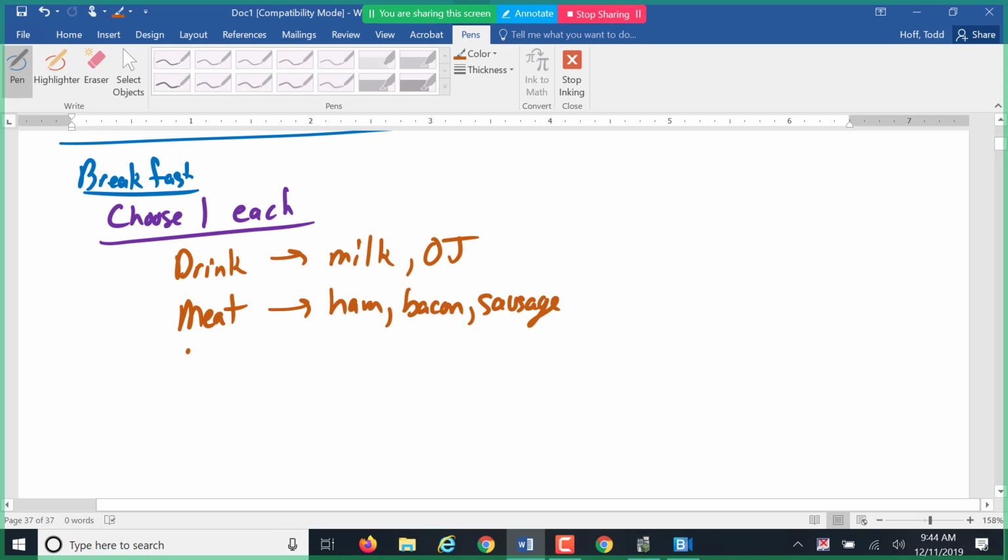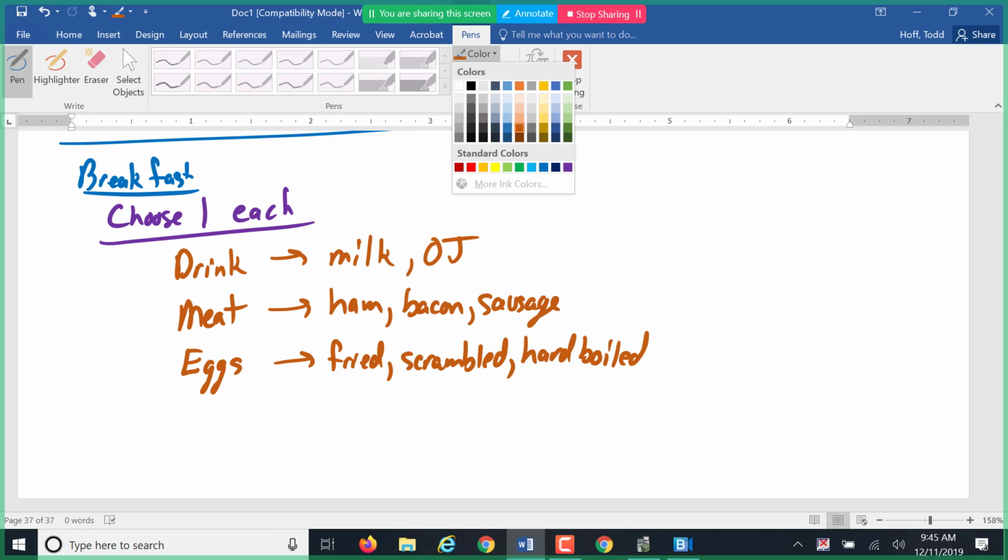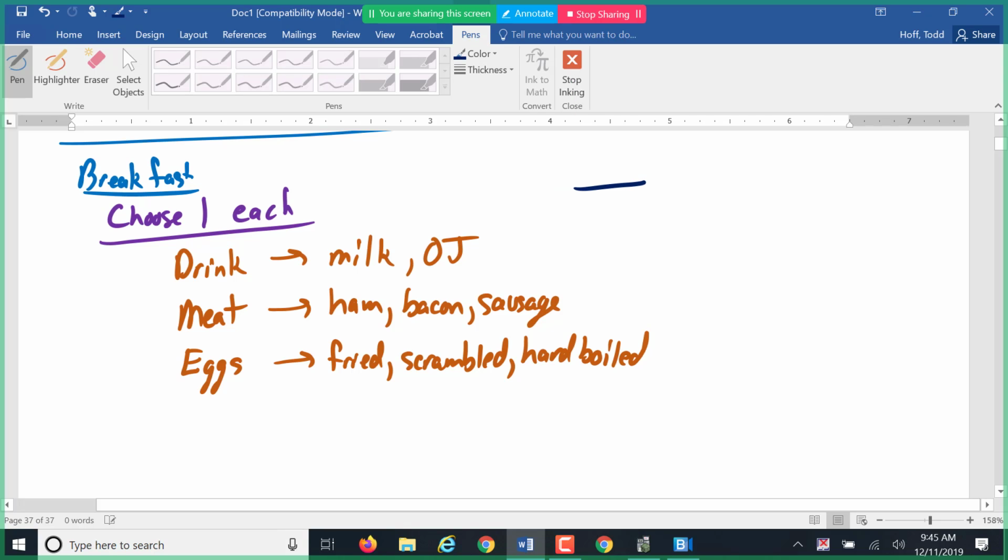And then you can choose eggs: fried, scrambled, hard-boiled. So you have 3 items that you can choose there. First item is our drink. Second is your type of meat. And finally is your type of egg.